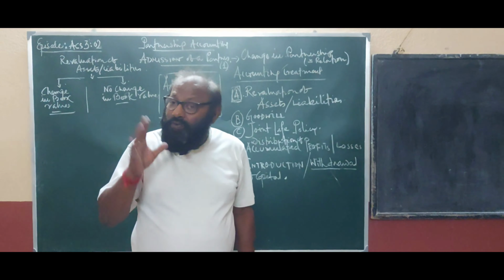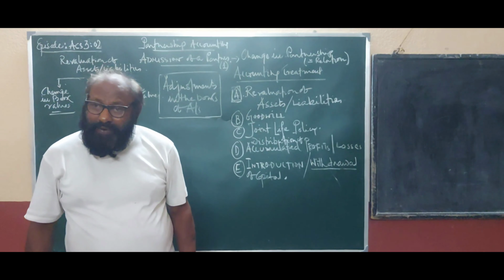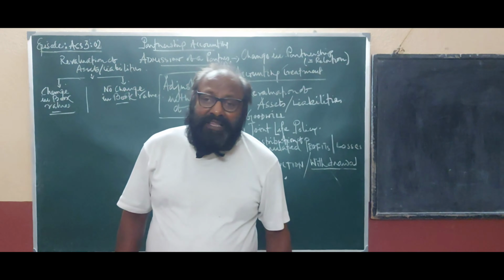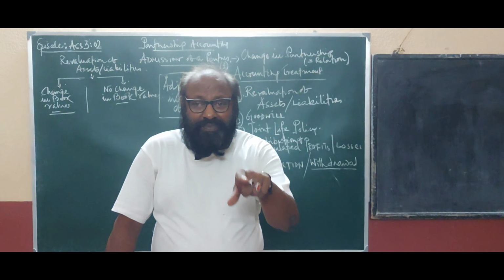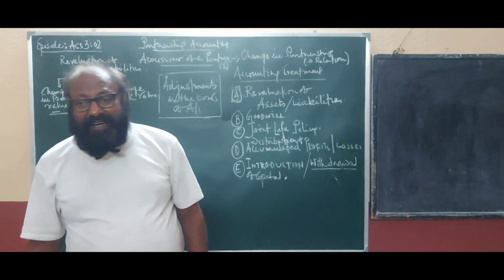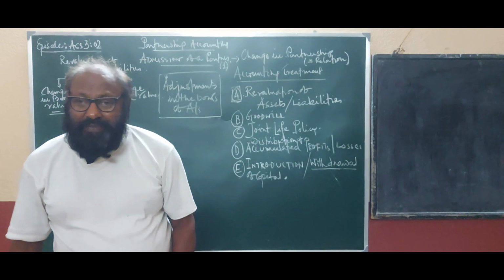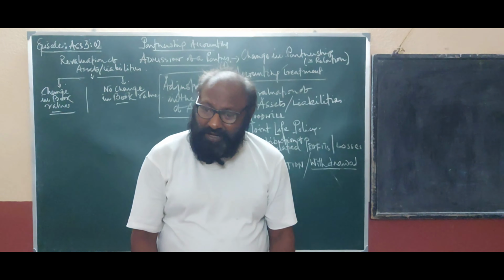The wooden furniture, those were of 1 lakh 5 years back. The value of those wooden furniture might have increased. The steel furniture purchased at that time may be reduced or enhanced in price. In the same way, the liabilities also.